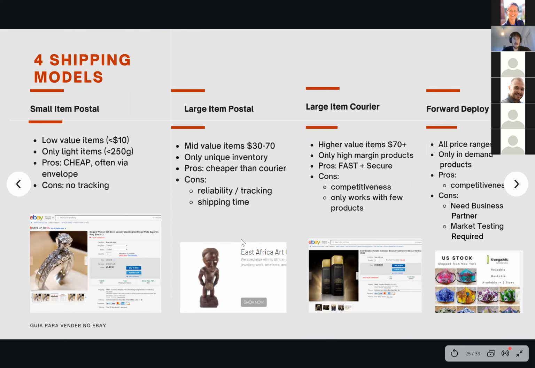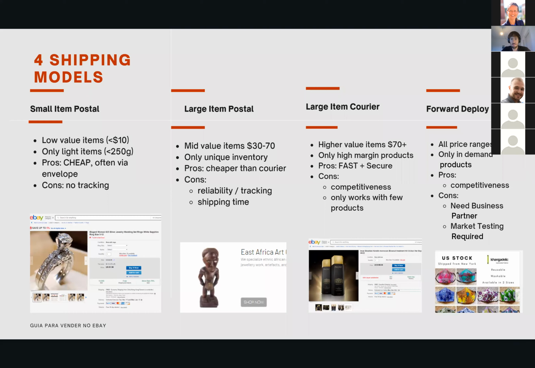However, if you're able to get a better rate with courier services, which is what we are looking to do in this program, so we're looking to talk to couriers to see that we can get better rates, then usually the courier will be your prime choice. So an example that I have here would be a higher price beauty product. We've looked at this one in past webinars.